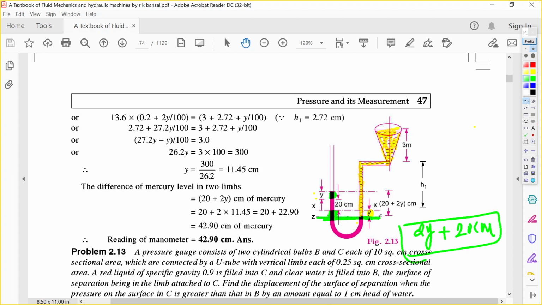In the right limb, we need to calculate the pressure due to 3 meter height, plus the pressure due to H1, and after this the pressure due to y height. So let's calculate everything.